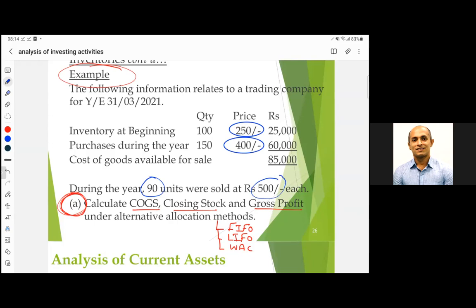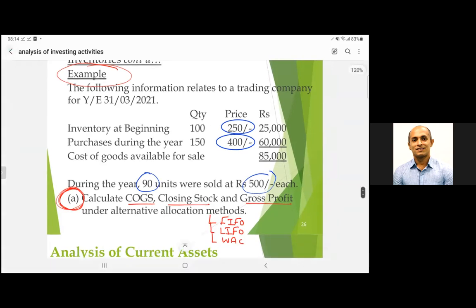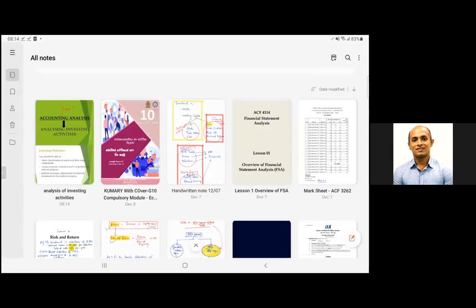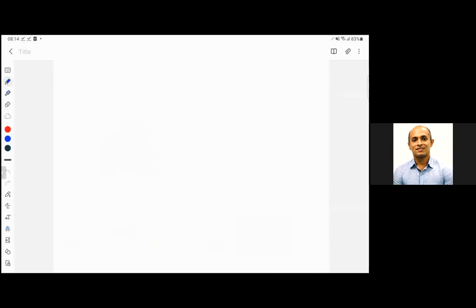So you have to calculate cost of sales, closing stock, gross profit under alternative allocation methods. We'll see the calculation, then we'll see what issues you have when the company follows FIFO method and what issues you have when the company follows LIFO method.